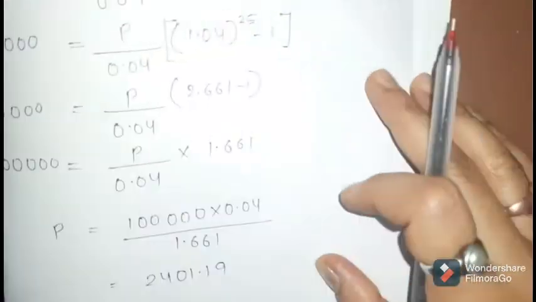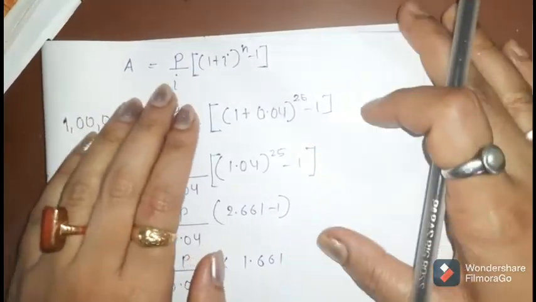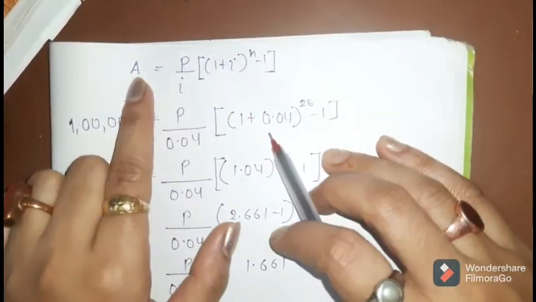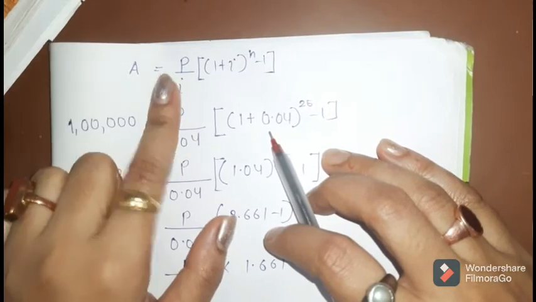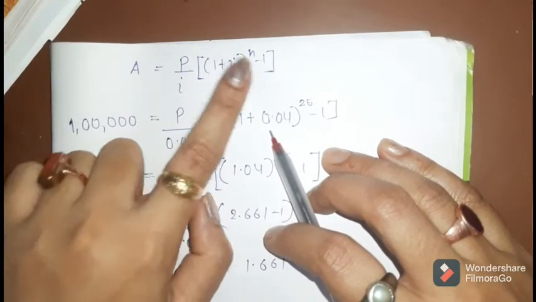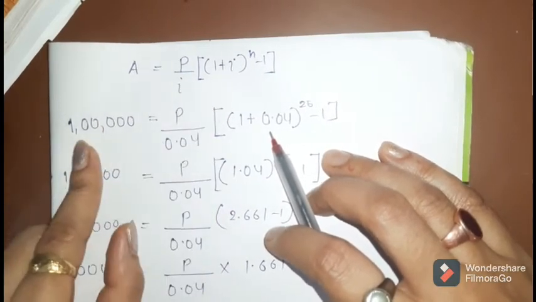So we use the same formula here, capital A equals P by I. We do not know P alone, P we have to find, the rest of the values we have with us.